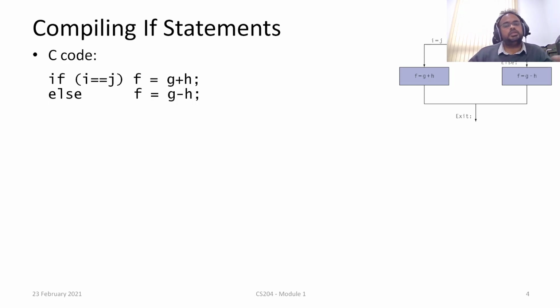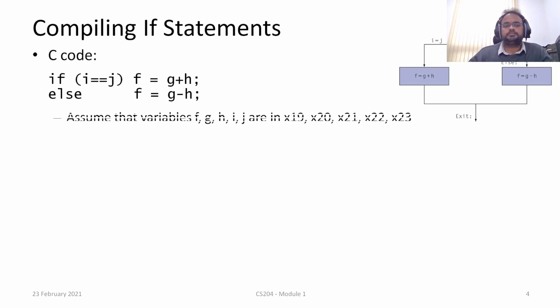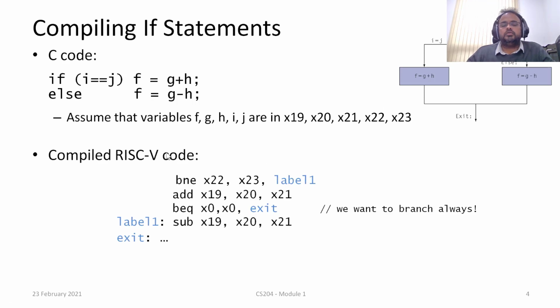Now let's see how this gets translated into the RISC-V assembly code. Let's assume that the values of f, g, h, i, j are available in registers x19, x20, x21, x22 and x23. The RISC-V code would look something like this, which any standard compiler would have generated. The very first instruction is BNE, we are comparing the value of x22 and x23, which is i and j.